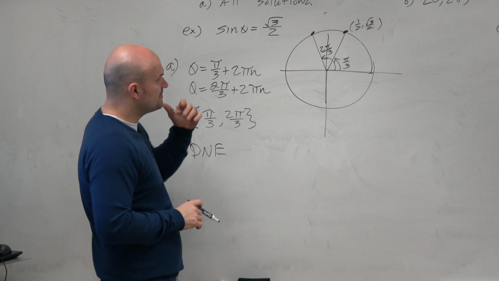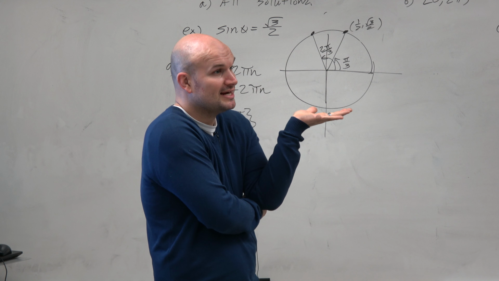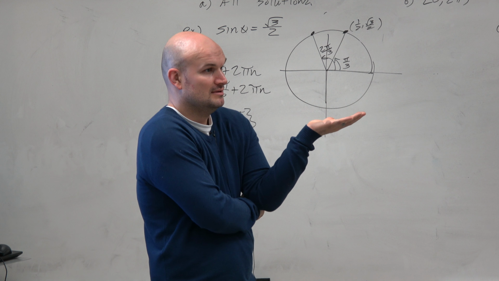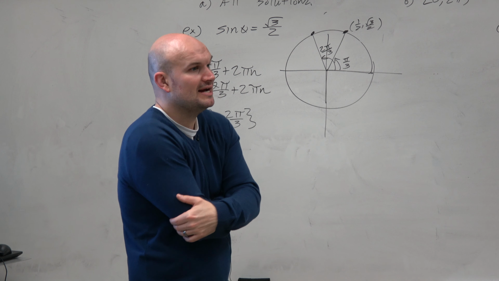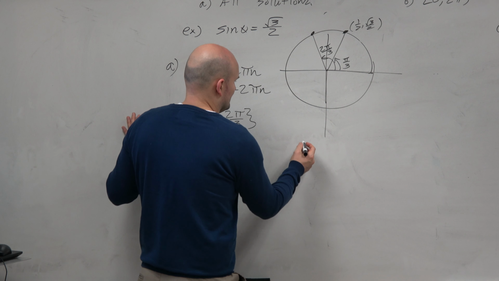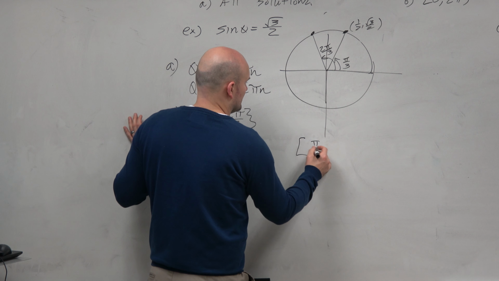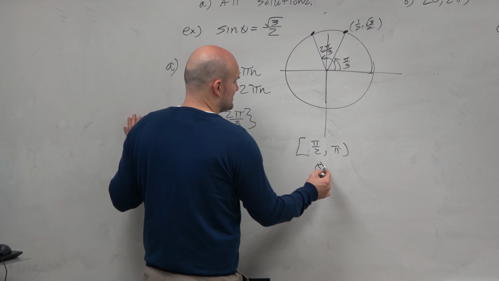Now, the important thing is, I can play around with that restriction, guys. I can have fun with it. What if I change the restriction to be from pi halves to pi? Then what would your answer be? Then theta would have to equal what?